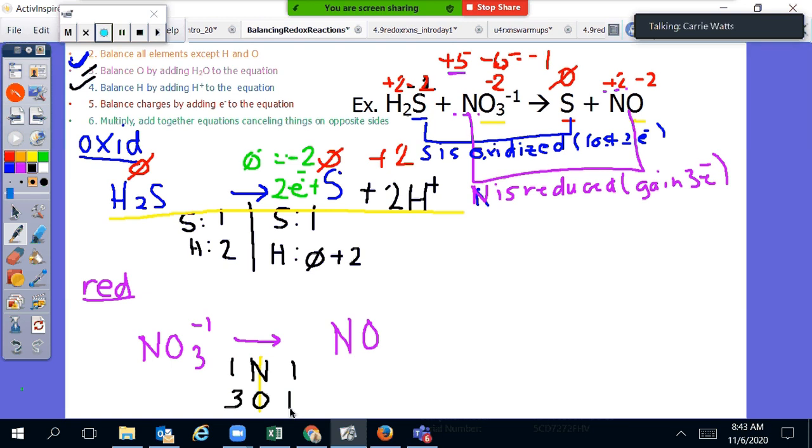The only way we balance O is by adding water to the equation. But remember, every molecule of water only has 1 oxygen, and we need a total of 3. So we need to add 2 waters.